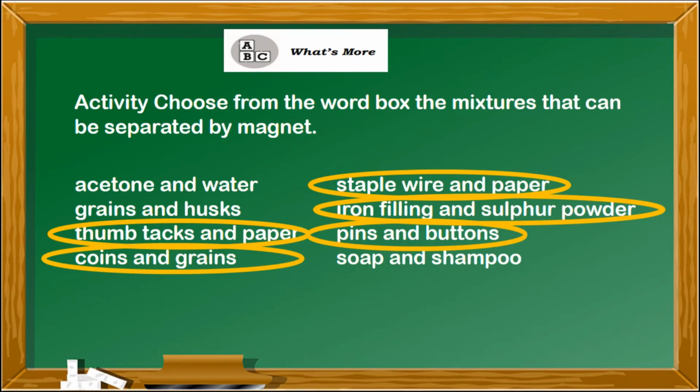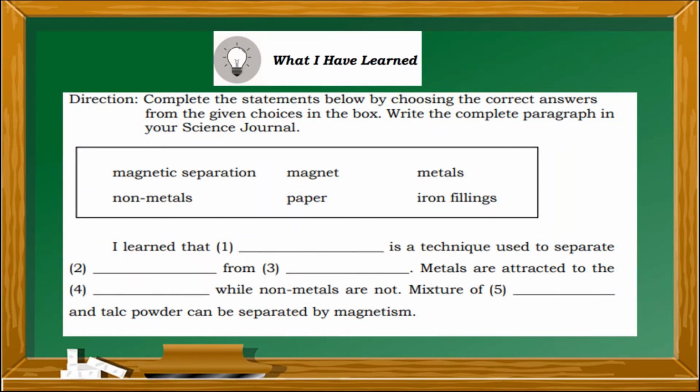Okay, let's proceed to what I have learned. The direction: complete the statements below by choosing the correct answers from the given choices in the box. Write the complete paragraph in your answer sheets. Okay, the choices are magnetic separation, non-metals, magnet, paper, metals, and iron fillings.